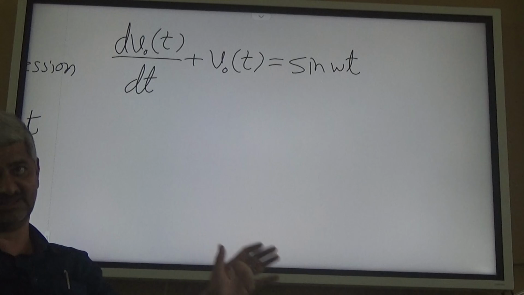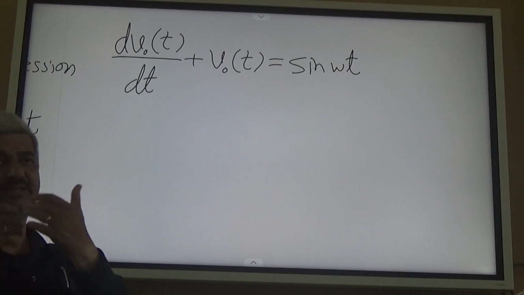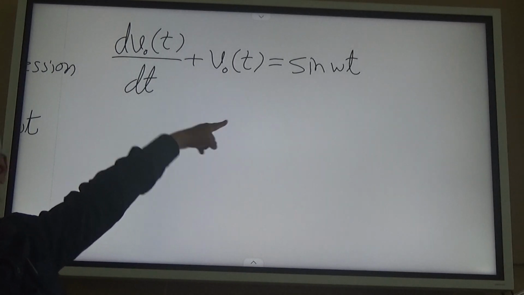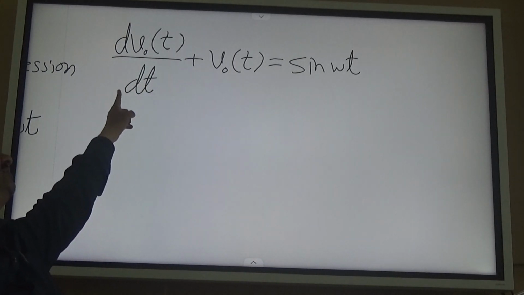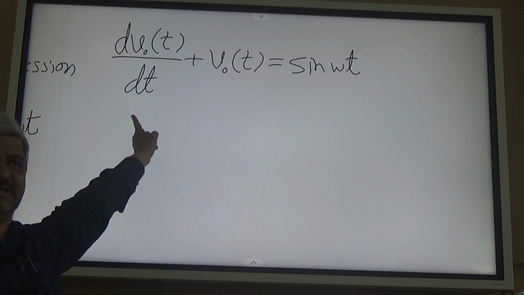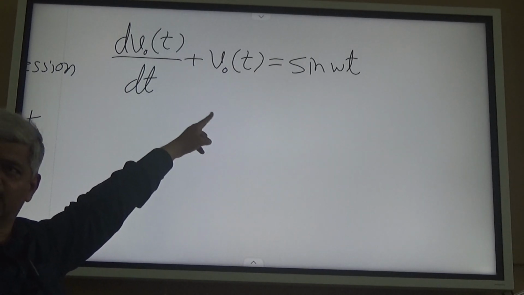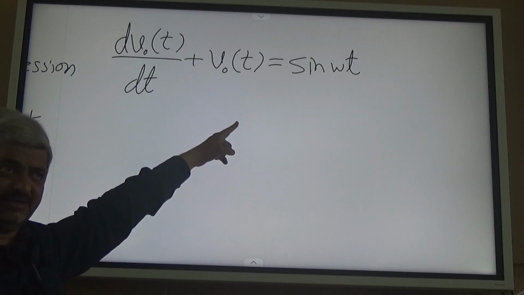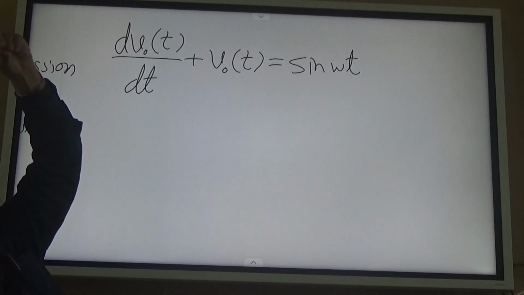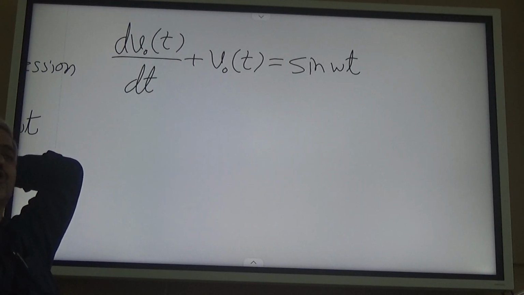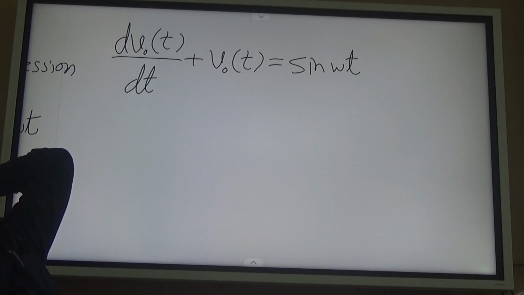After this much discussion now, I give you a hint. This output is a sinusoid, so it has two components in sum. The sum of the two components given is a sinusoid, so what is the condition? That each of them also has to be a sinusoid of the same frequency.